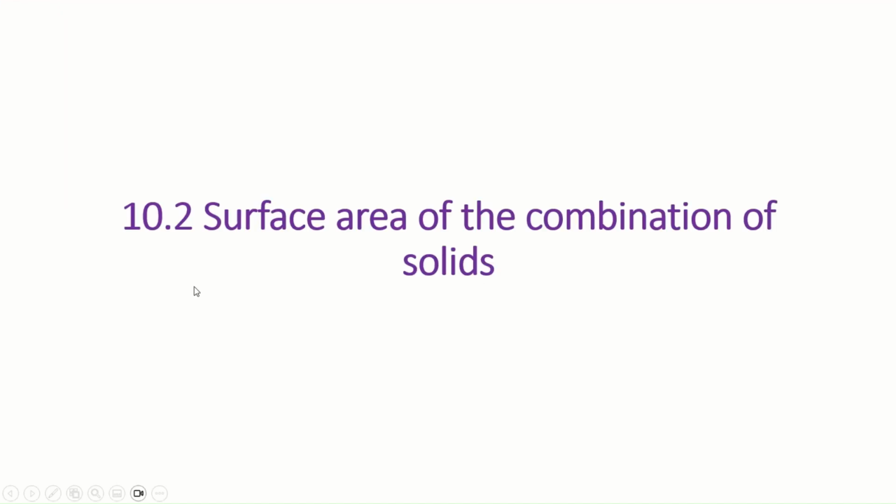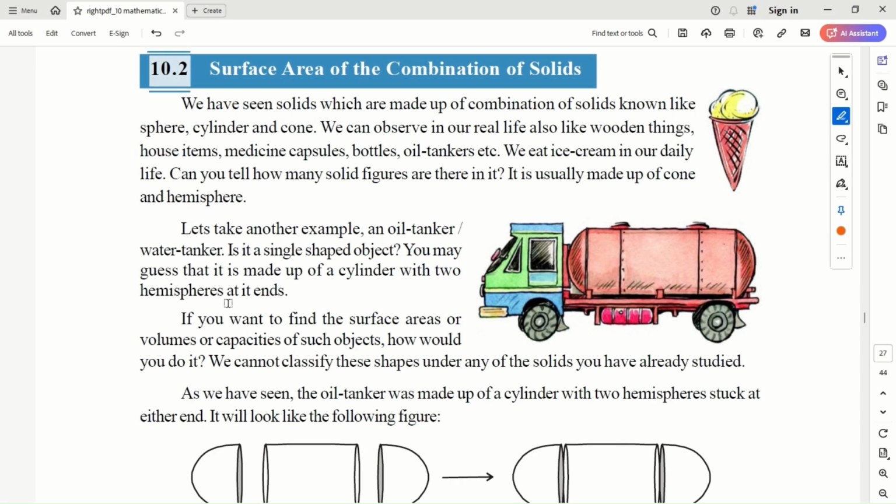Let's see the next chapter, next topic. Surface area of combination of solids. This is where you have multiple shapes, and you calculate the surface area of these combined solids. An example which you see in real life is an ice cream cone. The bottom is a cone, and you have a hemisphere on the top, right?